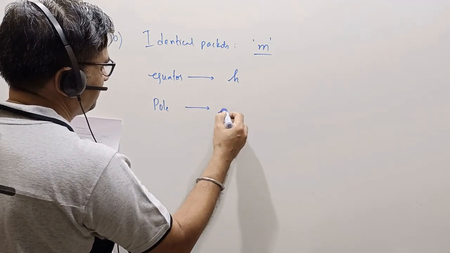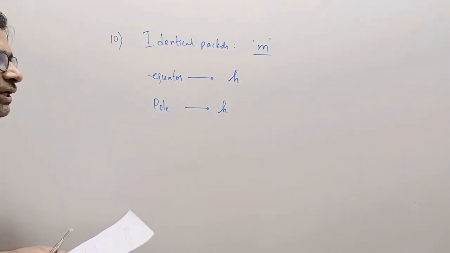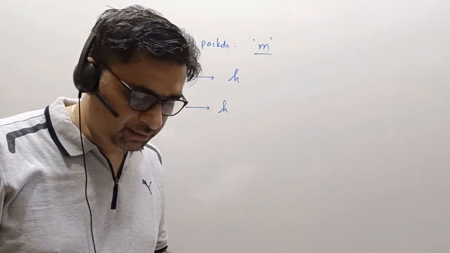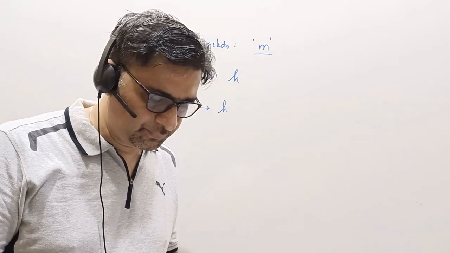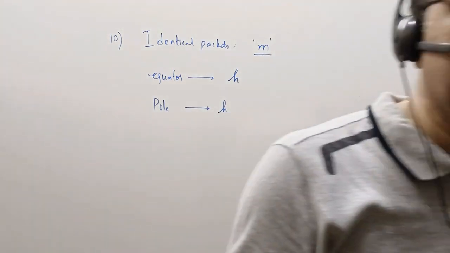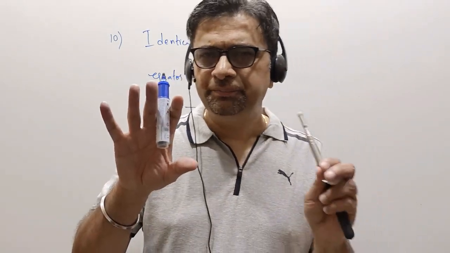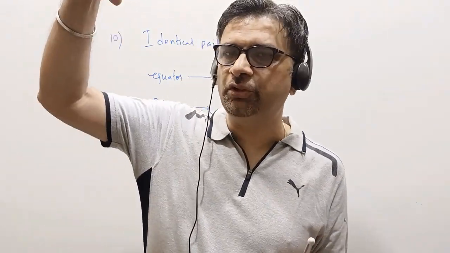So what do you think will determine the time? The time taken will be determined by the acceleration due to gravity. Now, just something that you are intuitively aware of. If you drop something on Earth, it takes a certain time to fall on the ground.